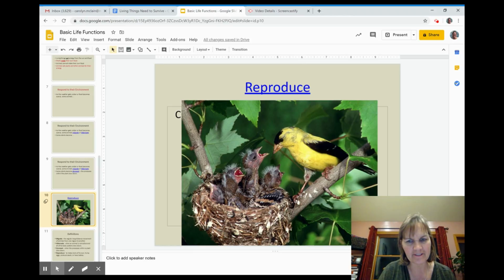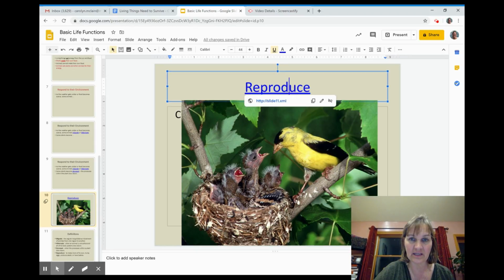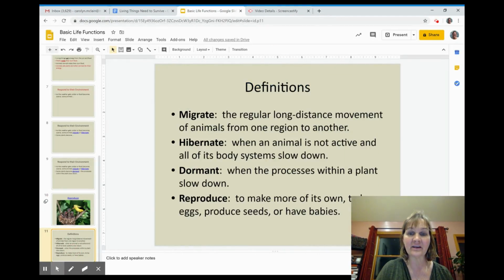Well, since I have it highlighted in blue and underlined in blue, that means if I touch it, I should jump to the last slide. Oh no, not when I'm in the middle of this. Of course it won't. I'm still learning how to use this. So on the last slide, there's the definition. Okay. Reproduce. To make more of its own, to lay eggs, produce seeds, or have babies.